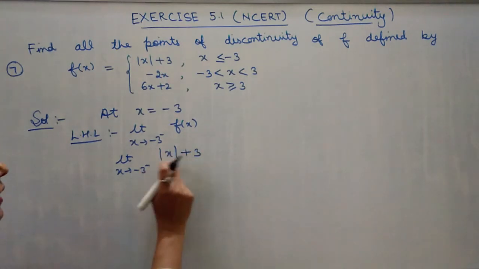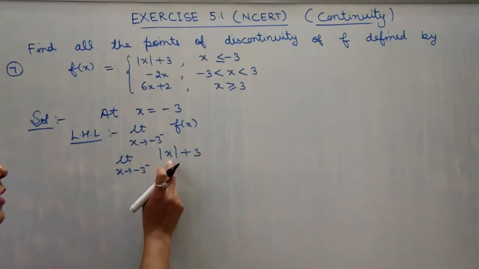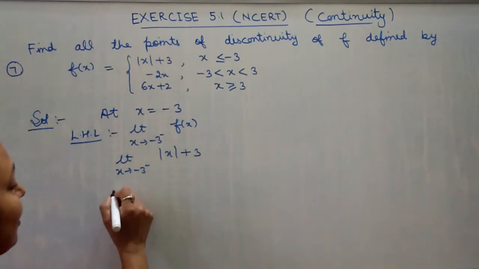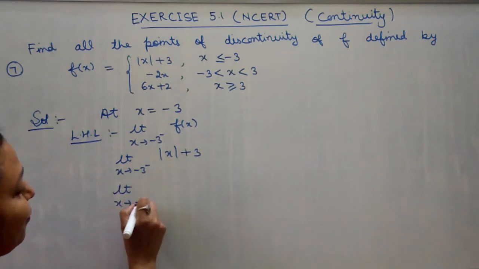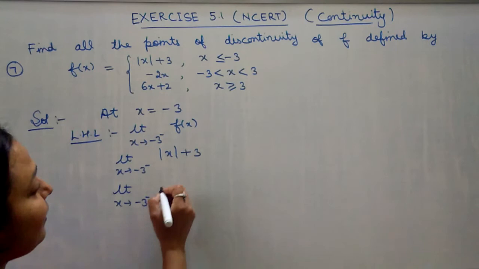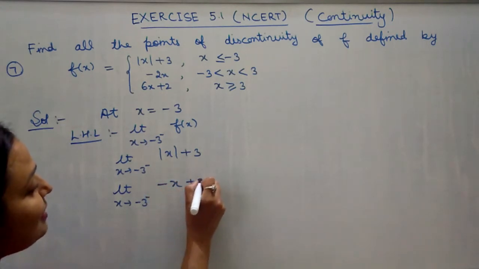So limit x approaches -3 negative of mod x plus 3. For a negative value, the modulus will be negative, so it is minus x plus 3.